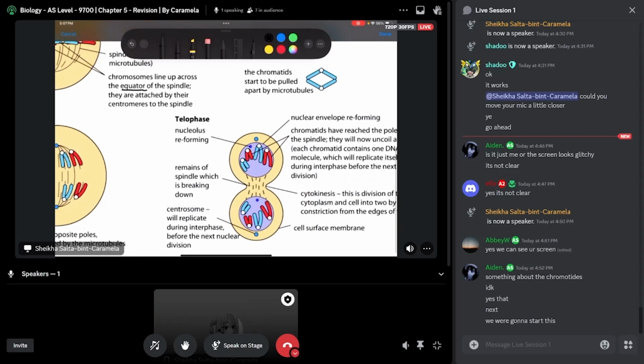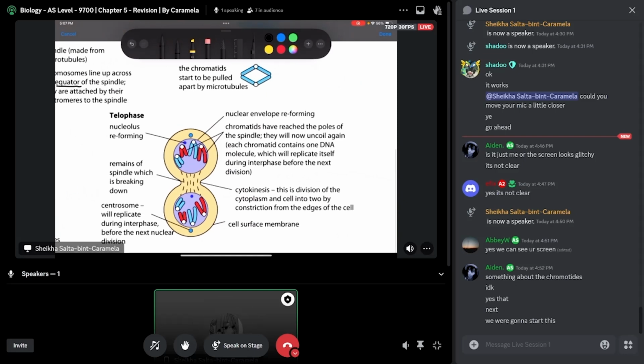Once this is done, then comes your telophase, which is the last phase of your mitotic cycle. In this, what happens is that the chromatids have reached the opposite poles of the cell, so there's like one pair on each end, and then the nuclear envelope starts to reform as well.